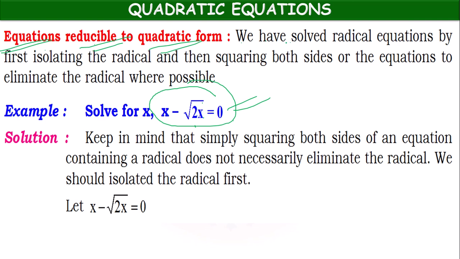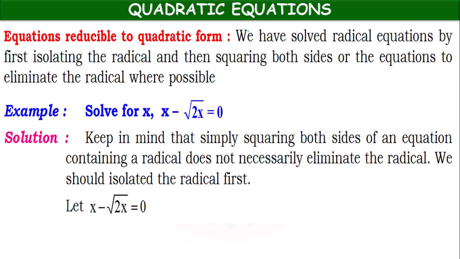So here children, we have solved radical equations by first isolating the radical and then squaring both sides of the equation to eliminate the radical where possible.